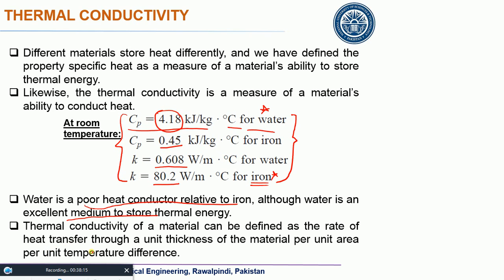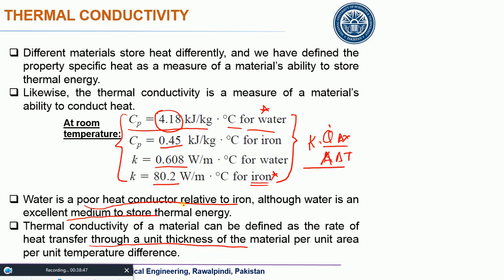Similarly, thermal conductivity of a material can be defined as the rate of heat transfer through a unit thickness of the material per unit area per unit temperature difference. That's the same definition I wrote in the previous slide. K is Q dot delta X over A delta T.